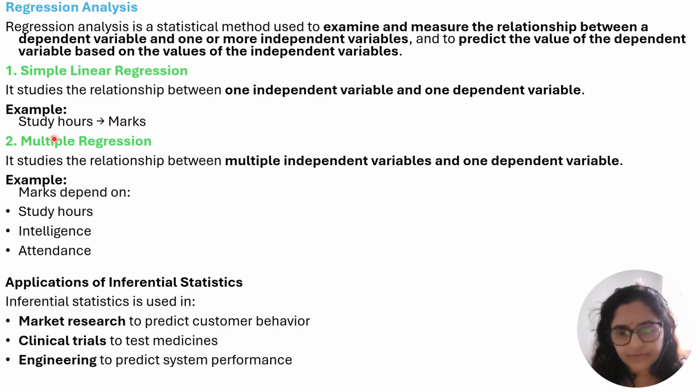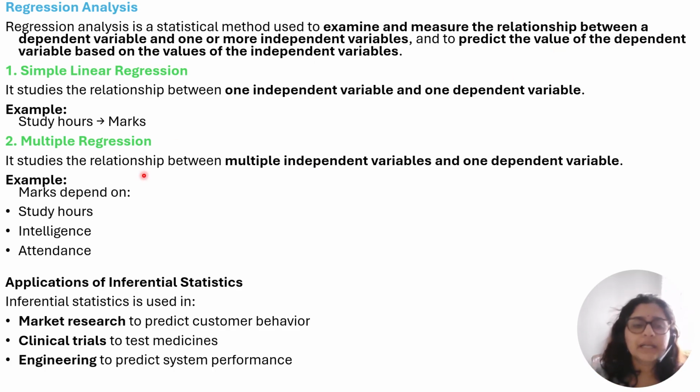Study hours is one independent variable, marks is one dependent variable. Here I want to add a point about regression analysis. The value of the dependent variable will be based on the value of the independent variable. You have to remember that in the definition.